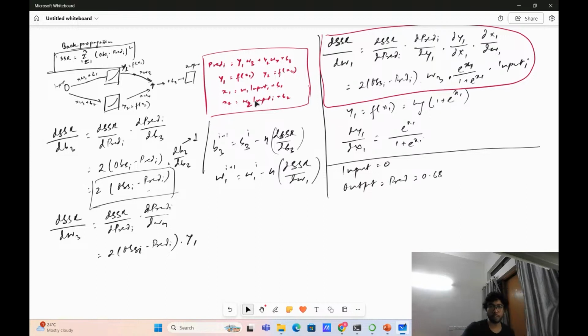This is by forward propagation. We did the whole calculation earlier, so if you calculate this again, you will get the output as 0.68.